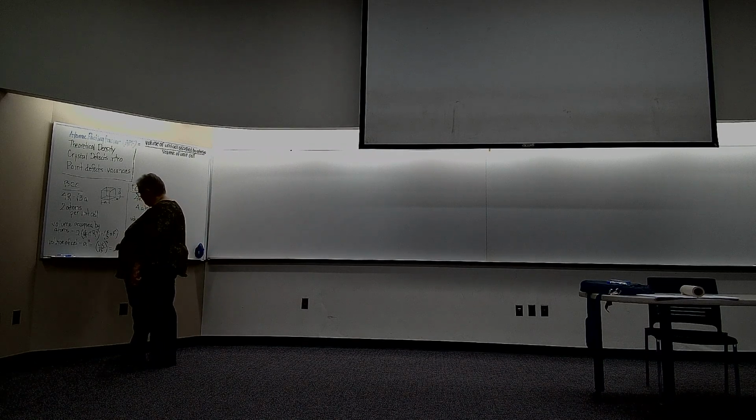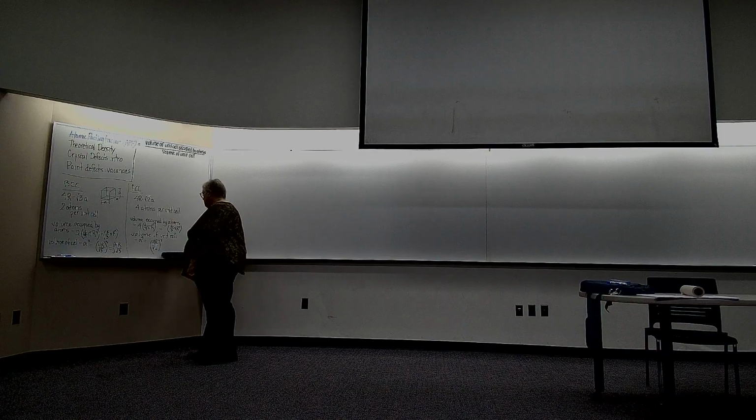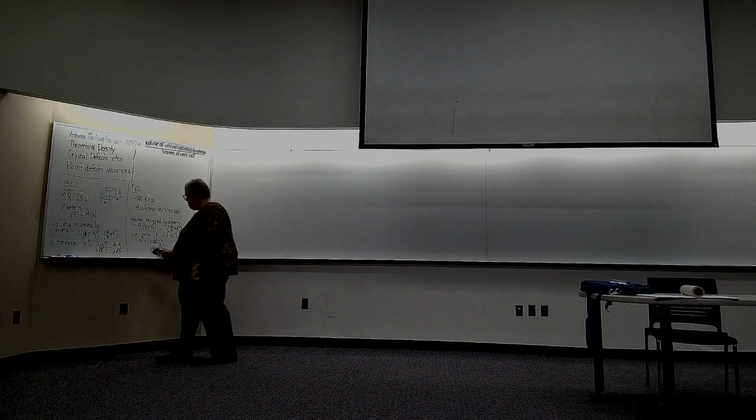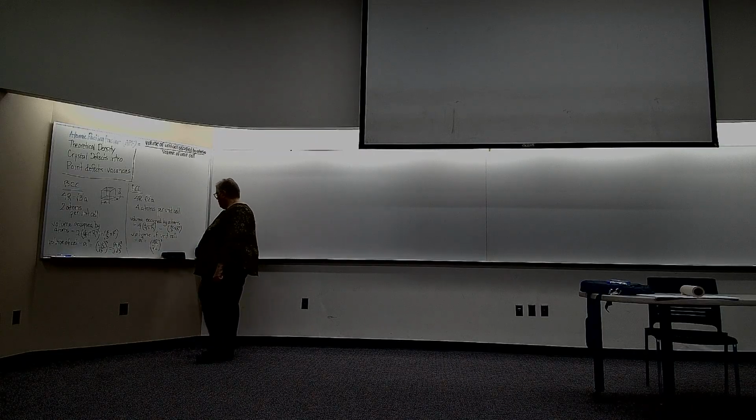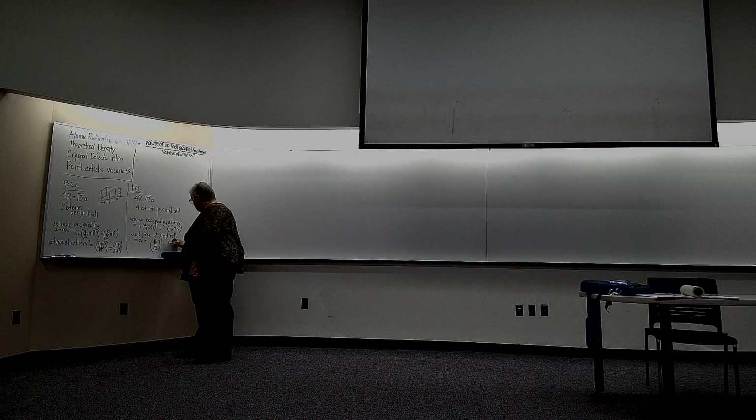Okay, and here, 4r over square root of 3 cubed would be 64 r cubed over 3 times the square root of 3. And this would be 64 r cubed divided by 2 square root 2.